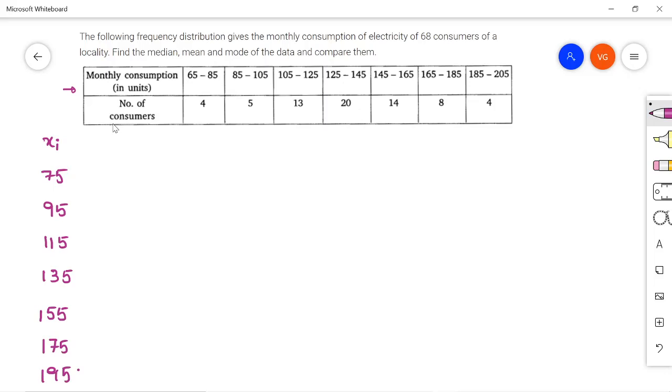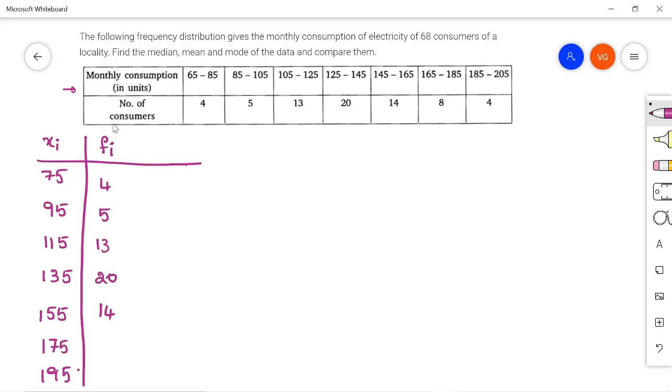So this is your average. Then the corresponding frequency I am writing as the fi value. So 4, 5, 13 here, then 20, 14, 8 and 4.